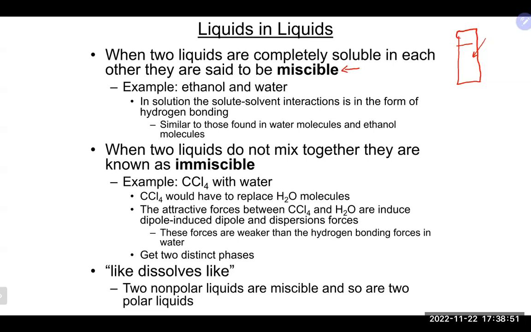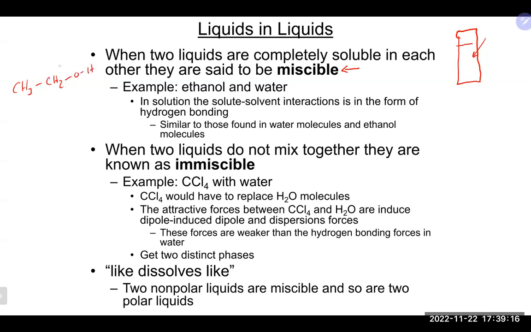One of the major reasons why something like ethanol and water can interact well with one another is they really do use the same type of intermolecular forces. They both are using hydrogen bonding here. So ethanol, from my organic days, looks something like this.